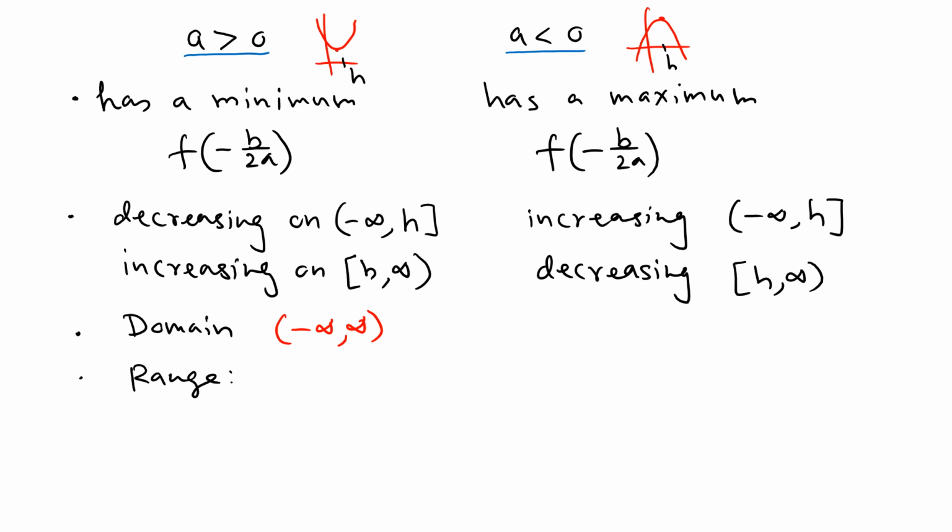The smallest value you can get is the minimum, k. So the range goes from k all the way up to positive infinity. And the other one goes from k all the way down, because it's concave down, to negative infinity. So the range in this case is negative infinity all the way up to k. Domain is the same.